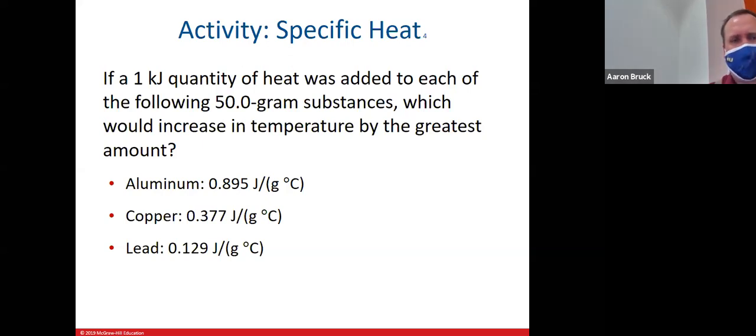So think about this for a second. If you're watching on Zoom, go ahead, put an answer into the chat. You do not need to calculate this, although you could. You should be able to logic your way through it. So which one of these is going to increase in temperature by the most?